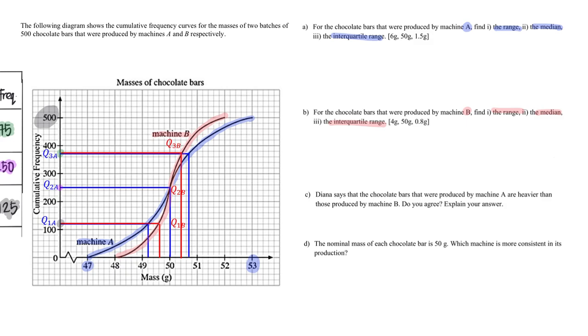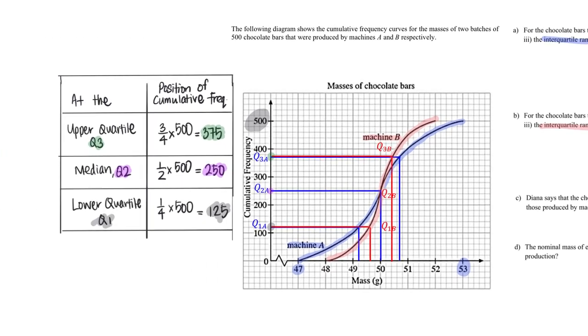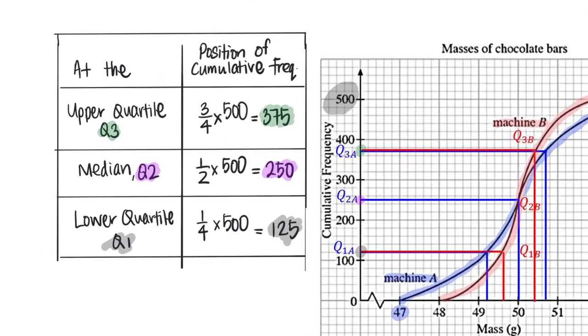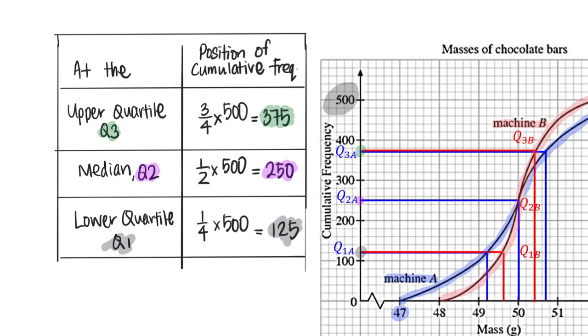For part 2 and part 3, I would want to bring your attention to here. We must first be able to find the position at the cumulative frequency for the median Q2, which is at the halfway mark of this 500 chocolate bars.